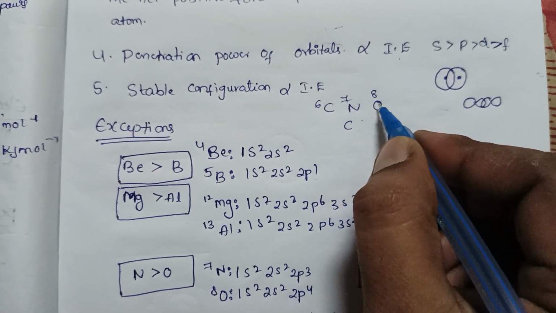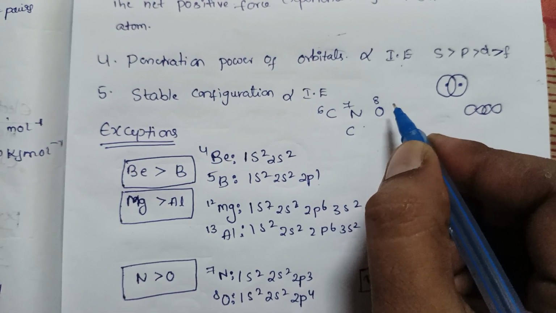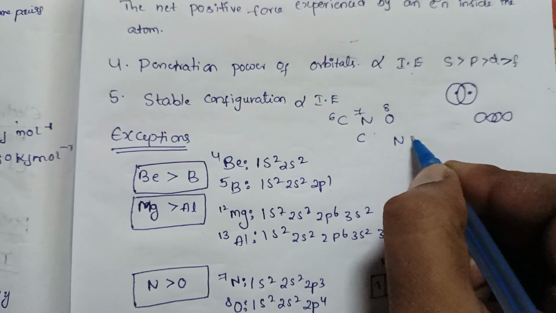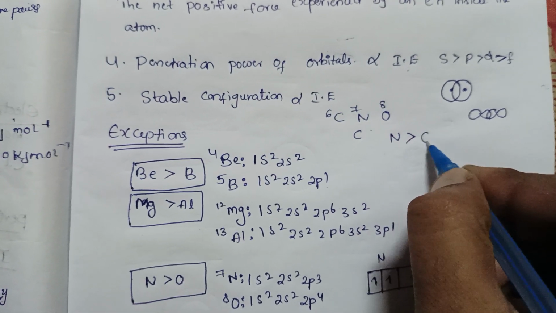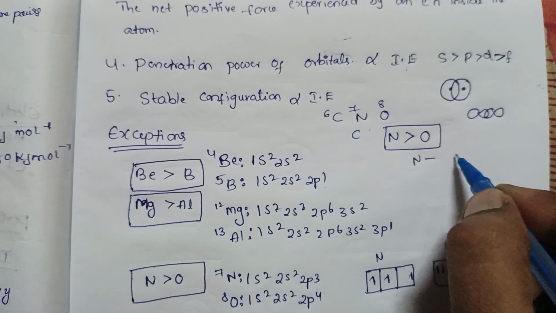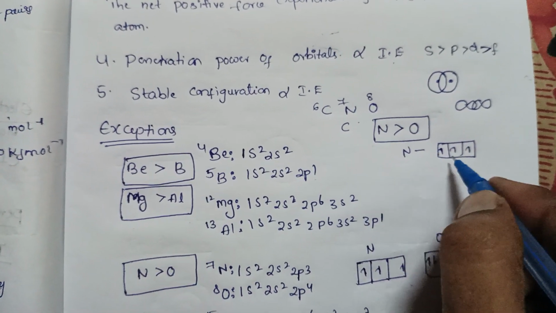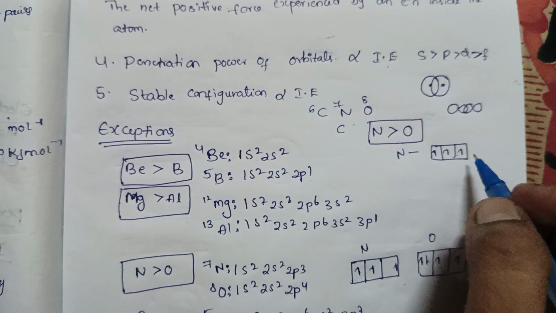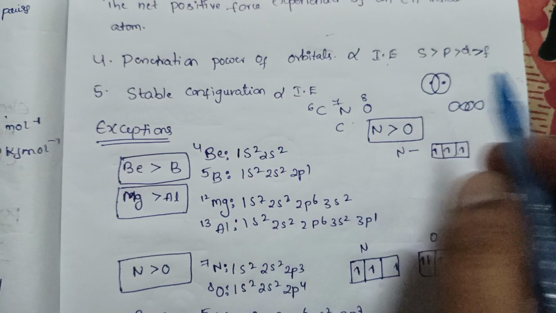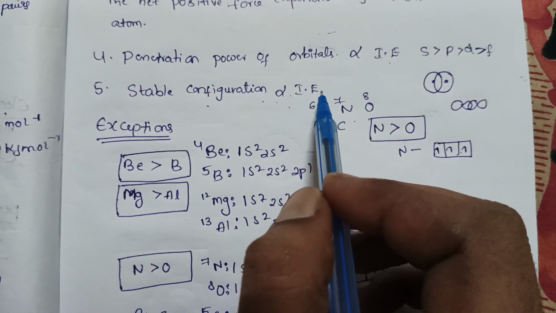But in the actual trend, nitrogen has a greater ionization energy than oxygen, because nitrogen is half filled. Whenever an atom has a full-filled or half-filled configuration, the ionization energy is more. So stable configuration is directly proportional to ionization energy.